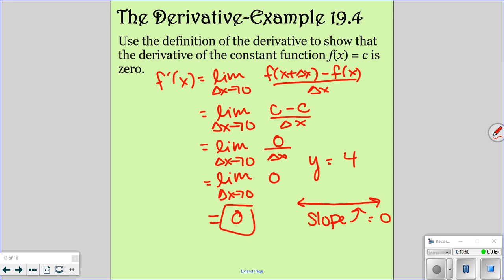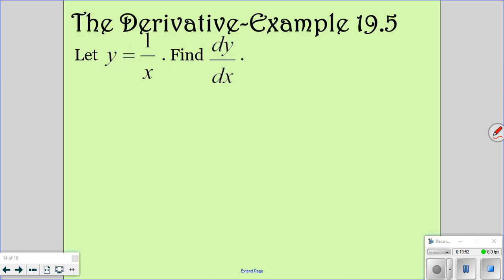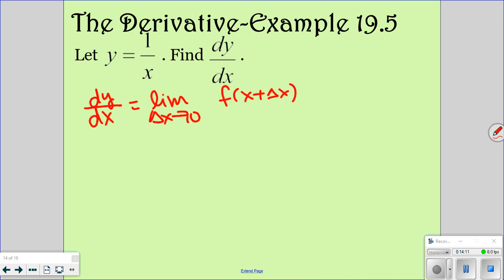Okay, we're going to look at another example. We have y equals 1 over x, and we want to find dy over dx, which is your derivative. So dy over dx equals our formula, the limit as delta x approaches 0 of f of x plus delta x minus f of x all over delta x.